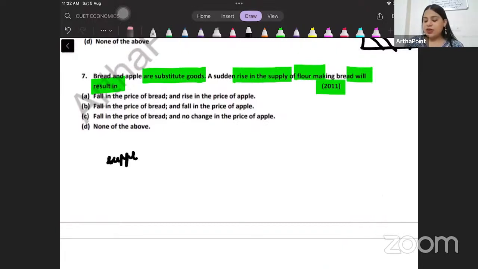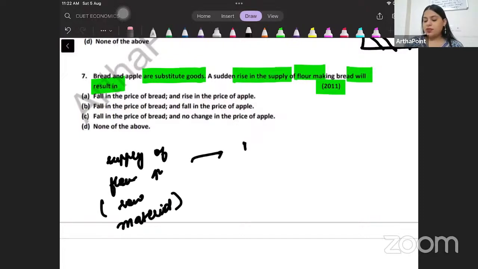So beta, when the supply of flour increases, it is a raw material to make bread. So when you have more flour in the market, that means you have easy availability of raw material. Easy availability of raw material always decreases the price of the commodity. So the price of bread will decrease.